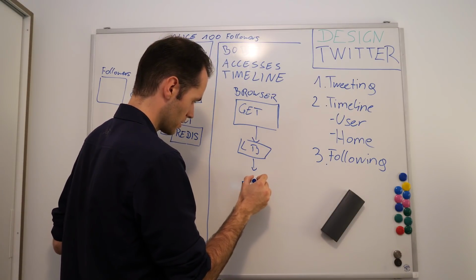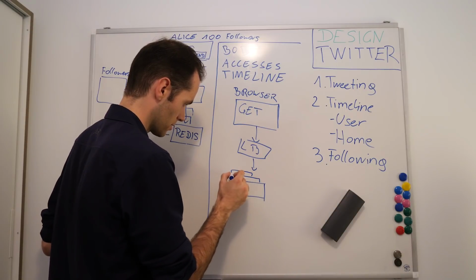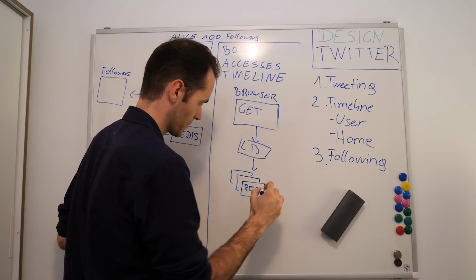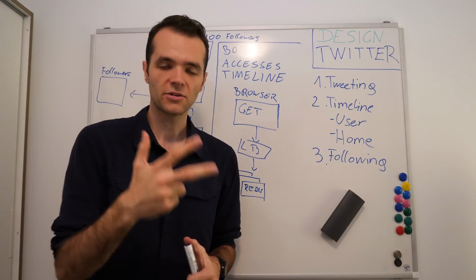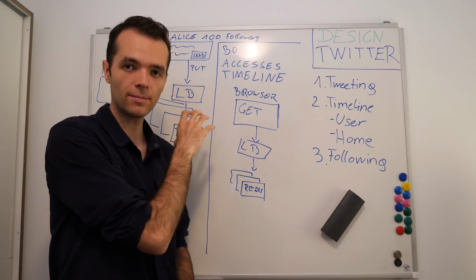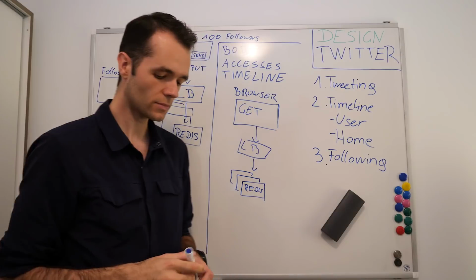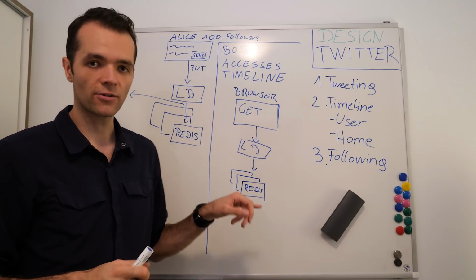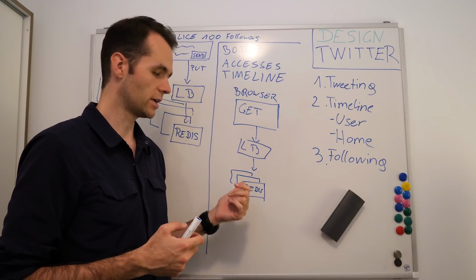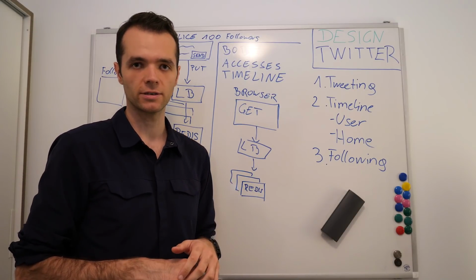where only one of them has to answer, right? Because we know 3 Redis machines will have Bob's timeline in memory. So the load balancer can reach out to 3 of them where it knows that Bob's timeline is stored.